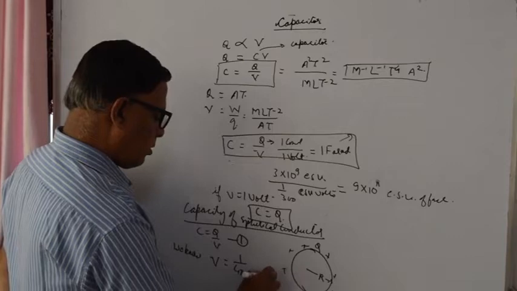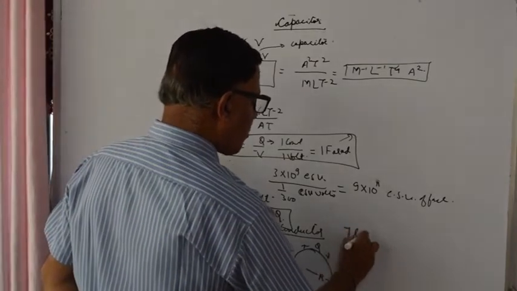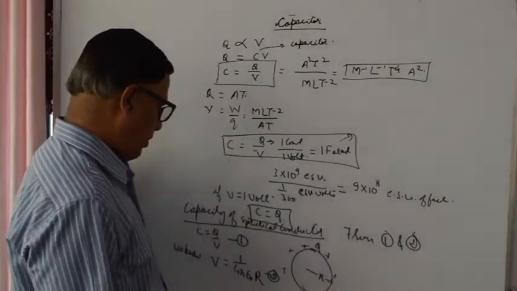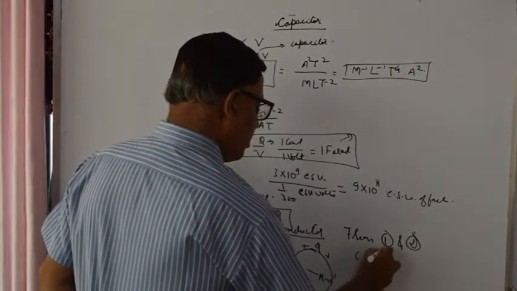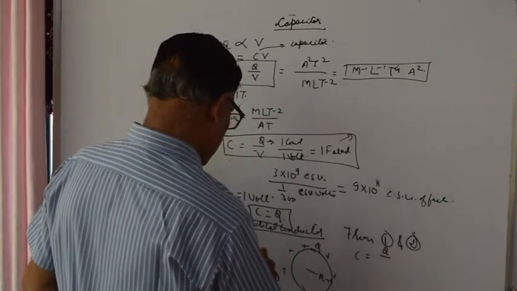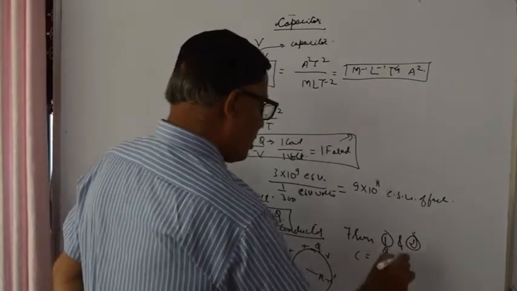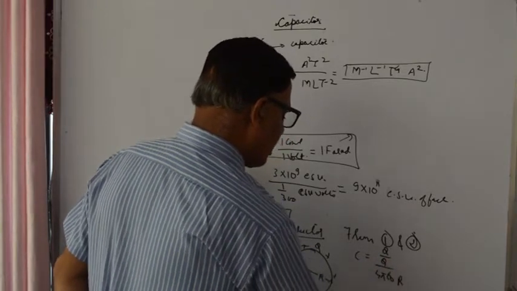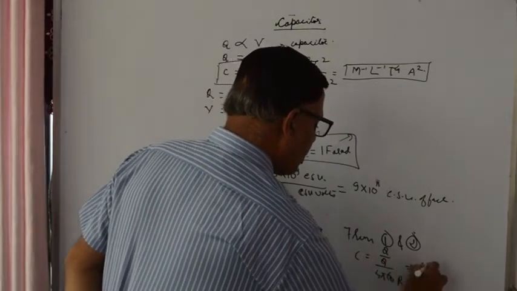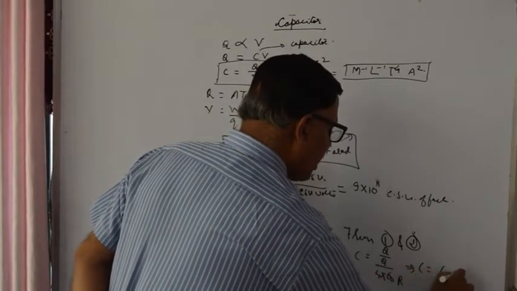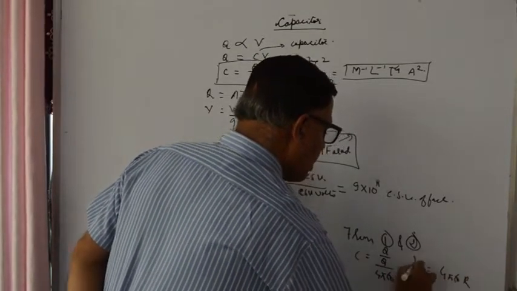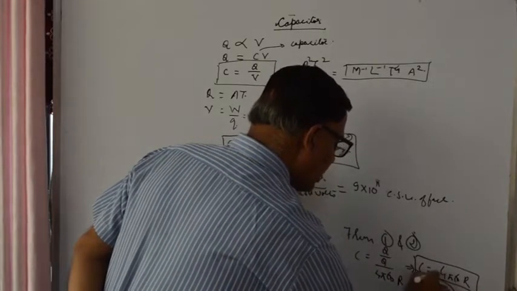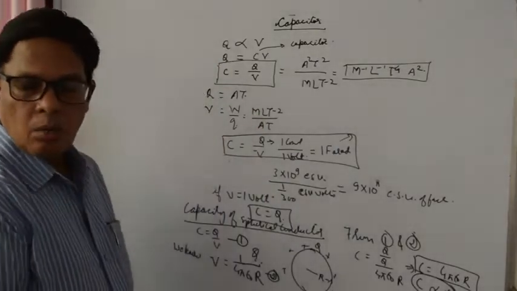This is equation 2. From 1 and 2, we get C is equal to Q upon Q upon 4 pi epsilon 0 r, or C is equal to 4 pi epsilon 0 r. So capacity is directly proportional to the radius of the spherical body.